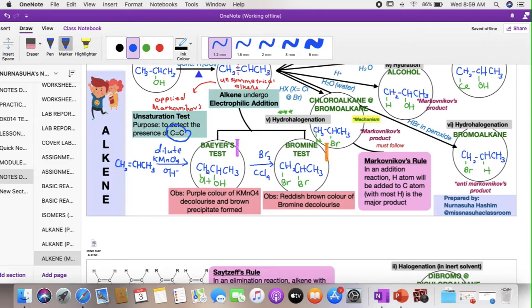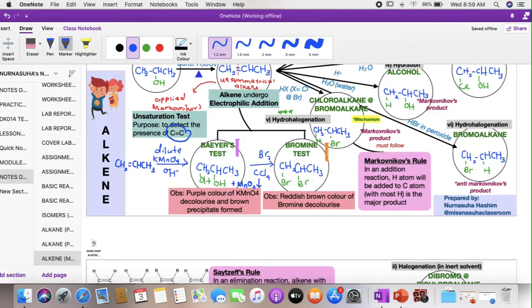Double bond putus, just tambah OH, tambah OH. So untuk Bayer, you akan dapat diol, plus side product dia adalah MnO2, anak panah ke bawah. So anak panah ke bawah means that precipitate is formed. So that's the full equation.